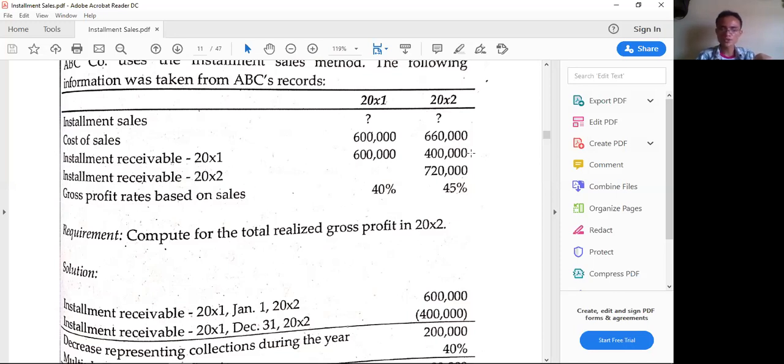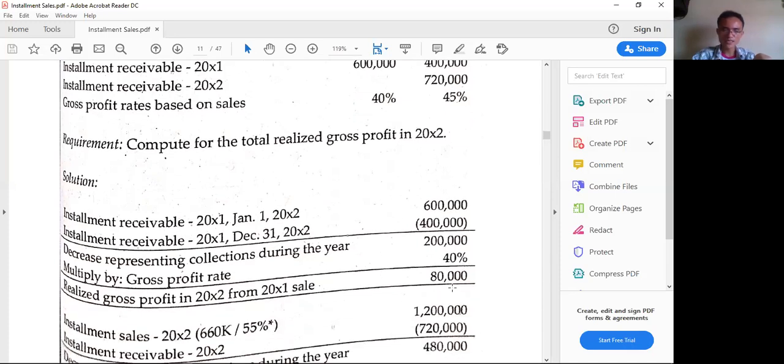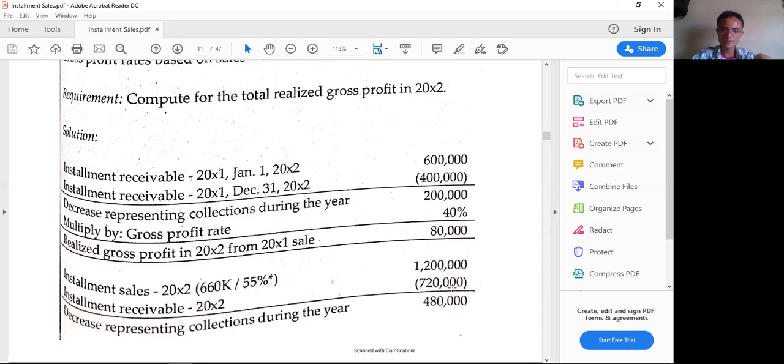So we should know also the dates and their relationships with each other, on the receivables, for example. All right, so you have here, and then multiplied by 40%, that's going to be 80,000 pesos.